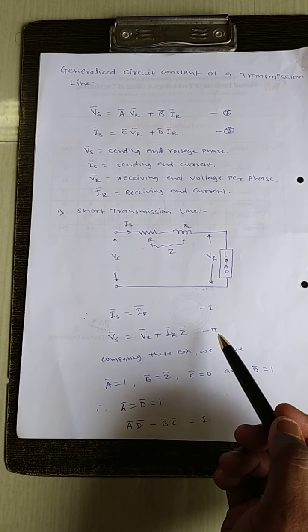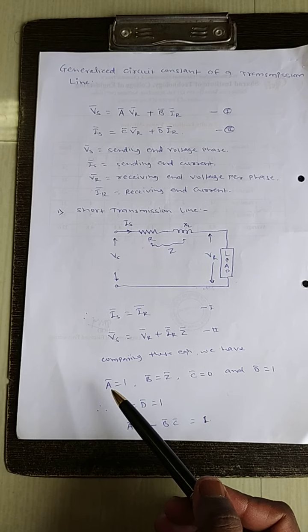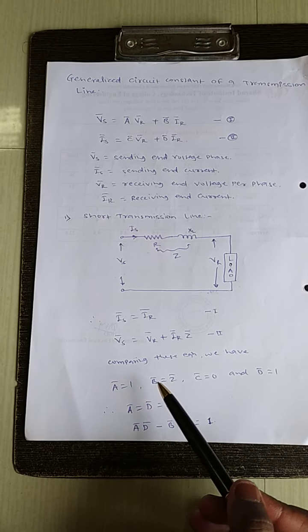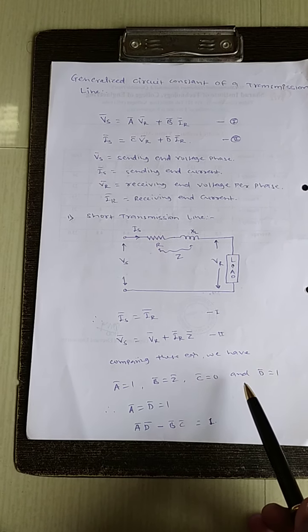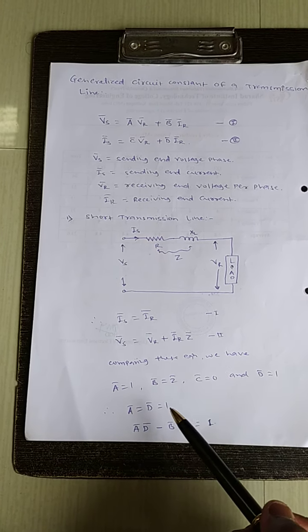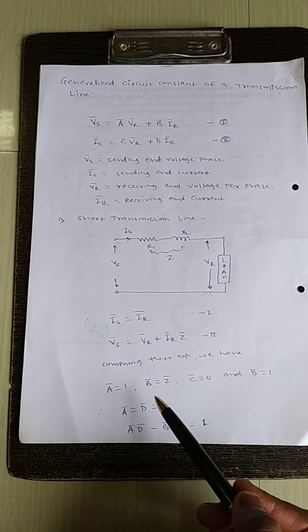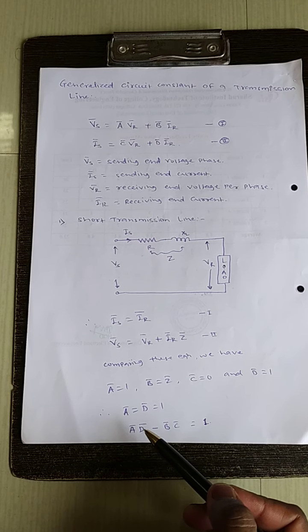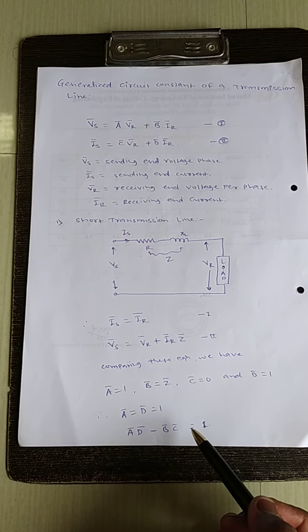We compare these two equations with the standard equations, and from that, A is equal to 1, B is equal to vector Z, C is 0, and D is equal to 1. From these values we conclude that A is equal to D is equal to 1, and vector A into vector D minus vector B into vector C is equal to 1.